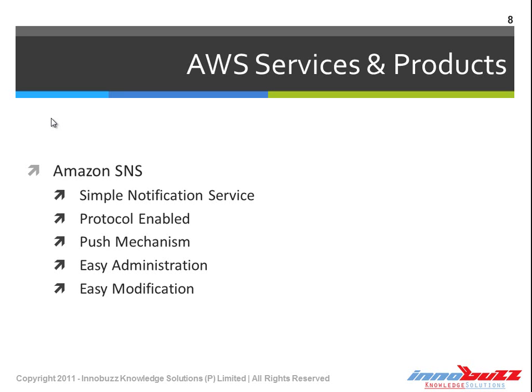Requests can also be sent as a notification using the SNS service under AWS, and it works with a push mechanism. If we're using the HTTP protocol with our SNS system, whenever we send a notification to a number of users or to a number of devices, in case of a mobile application, the HTTP request will be pushed to the end users or the end user devices using the SNS mechanism.